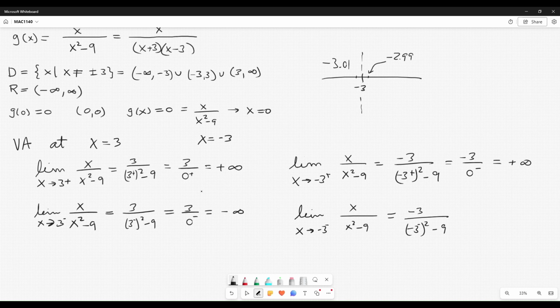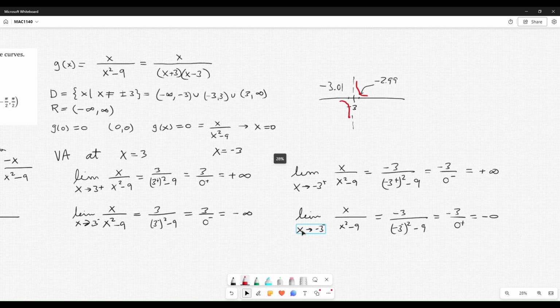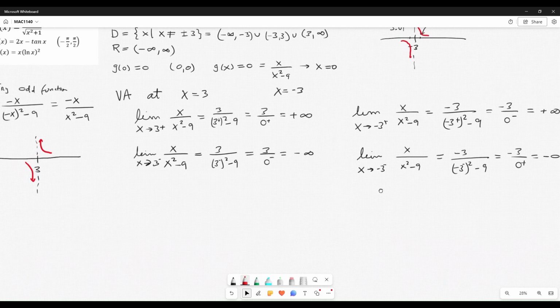But if you square, it becomes positive, bigger than 9, so it's negative 3 over 0 plus and negative infinity. Okay, this is the behavior, and for the asymptote, here is positive and here is negative. Okay, this is the topic of the vertical asymptotes.